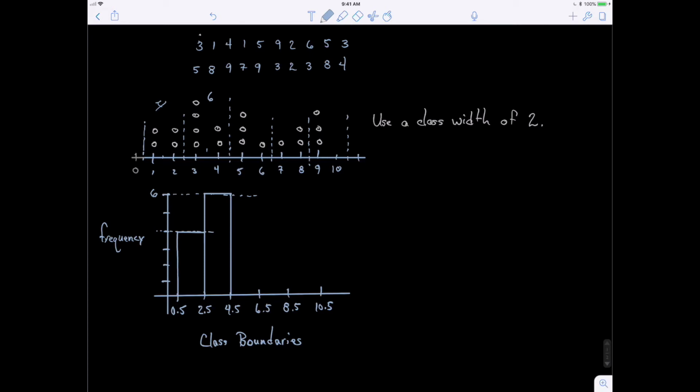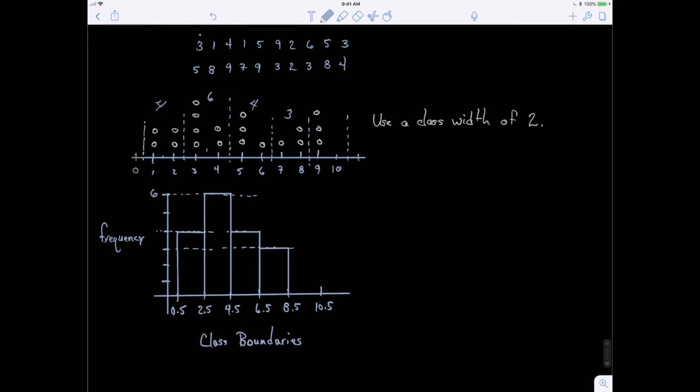Our next group, we have 4. So this one's going to be at the same height as the first. So let's come up here and across. And then our next group looks like we have 3. So we'll have a height here of 3. Go up and across.